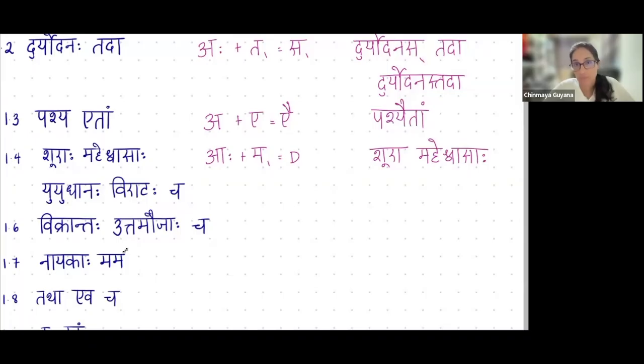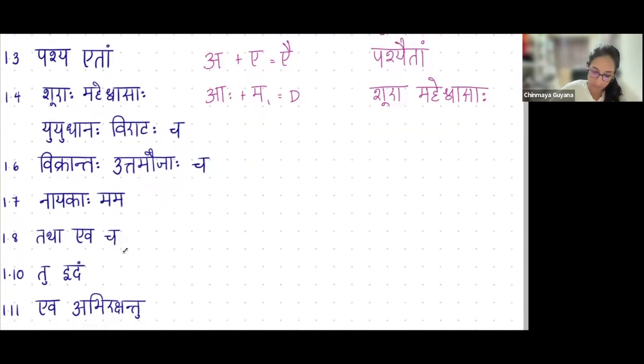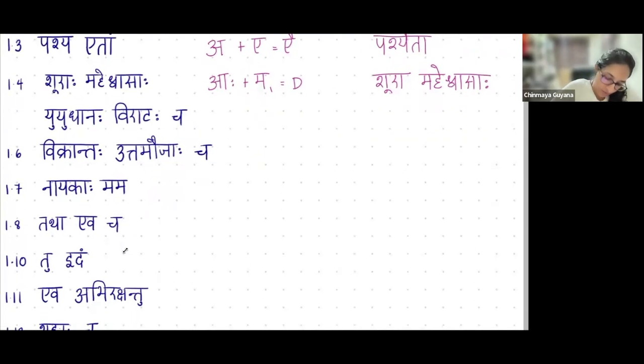And remember, because the Visarga is dropped, they stay separate. They don't get joined. Yuyudhanaha Virataha cha. Now there's two sandhis happening here. You have aha meeting va halant.